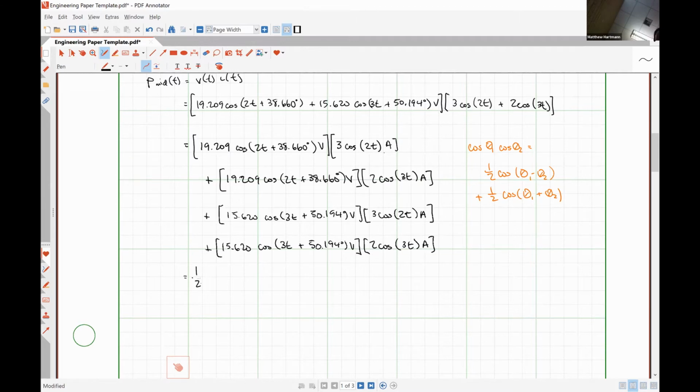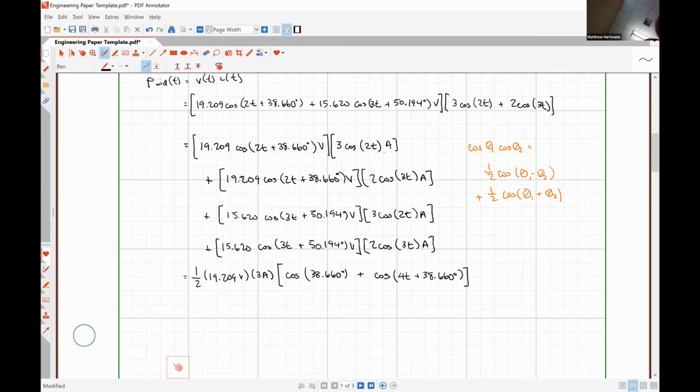So that's going to give us 1/2 times 19.209 volts times 3 amps times cosine of, so 2t plus 38.660 degrees minus 2t is just cosine of 38.660 degrees, plus cosine of 2t plus 38.660 degrees plus 2t gives us 4t plus 38.660 degrees.